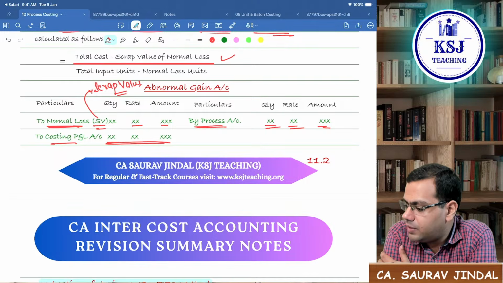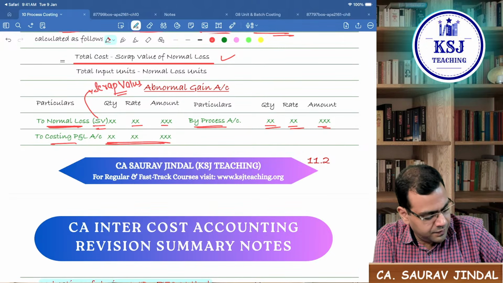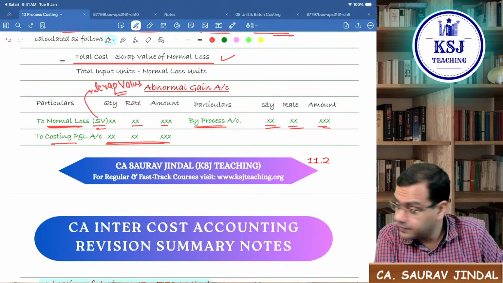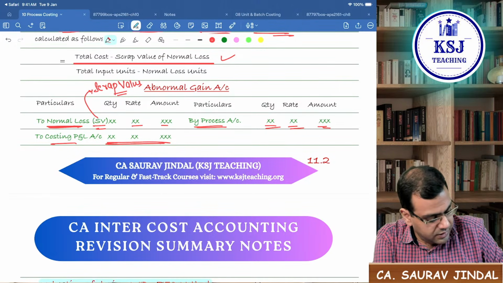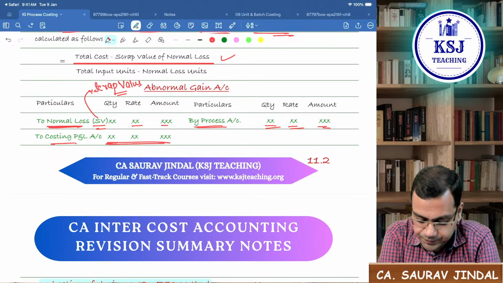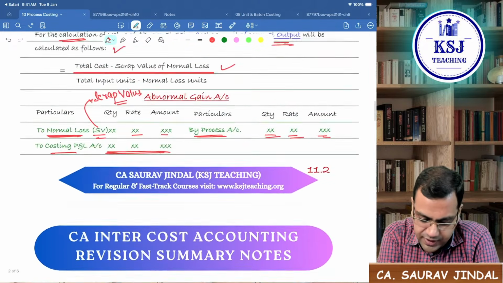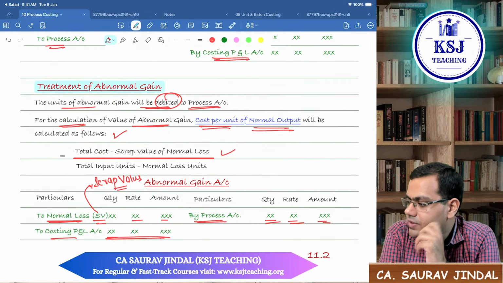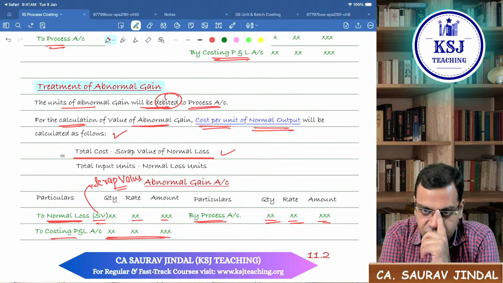Yes. Is that clear, everyone? Okay, this abnormal loss, abnormal gain and everything, it is clear. So this is all about the process accounts, the preparation of process account.